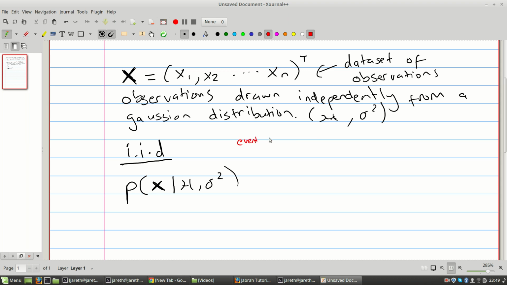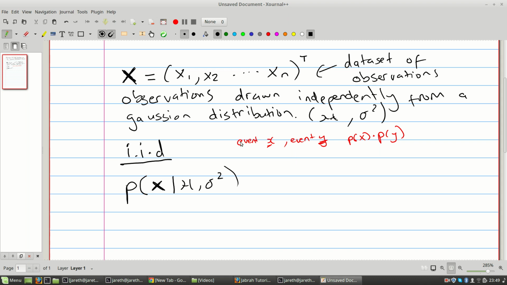If I have an event X and another event Y, and these two events are independent, I can just multiply the probability of X times the probability of Y. This is how you compute the probability of two independent events happening. This is something we learned from the probability lectures before, so it should be clear.